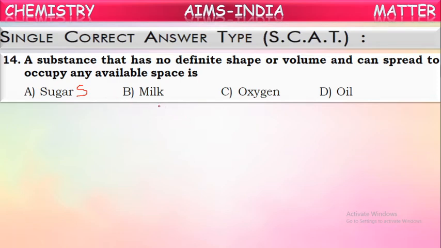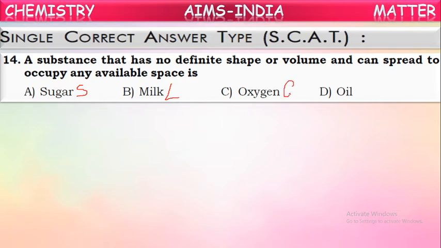Next, milk. What about milk? Milk is a liquid substance. Of course, it does not contain fixed shape, but it has fixed volume. So it's not the correct answer. Now, if you observe, oxygen. Oxygen is a gaseous substance which does not contain either fixed volume or fixed shape.